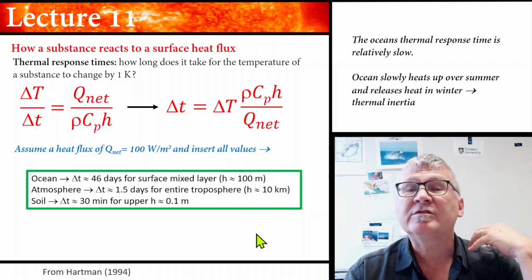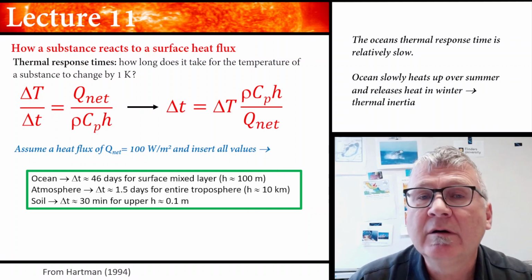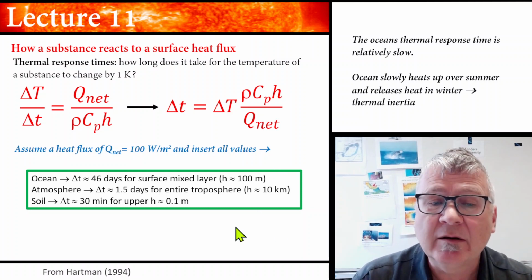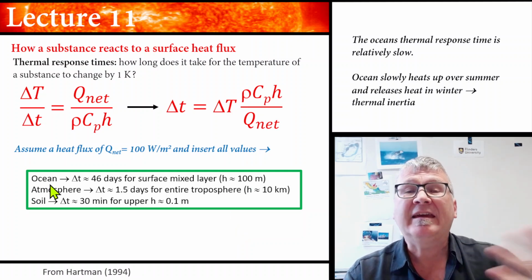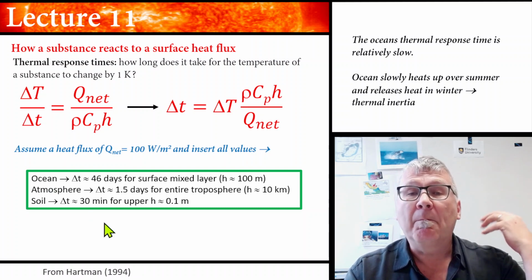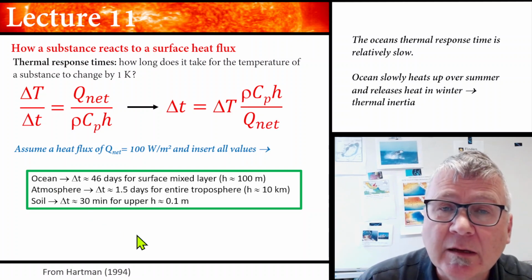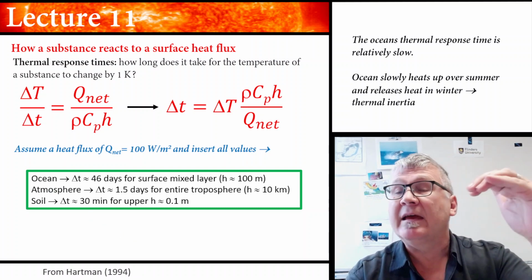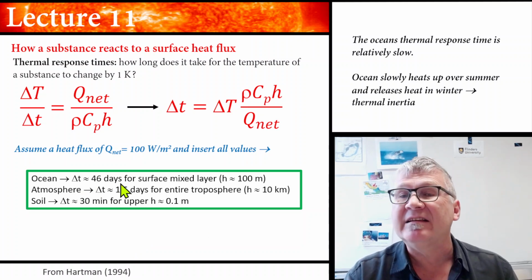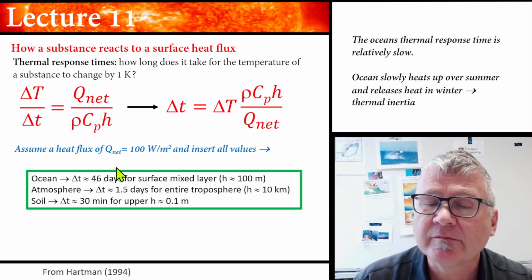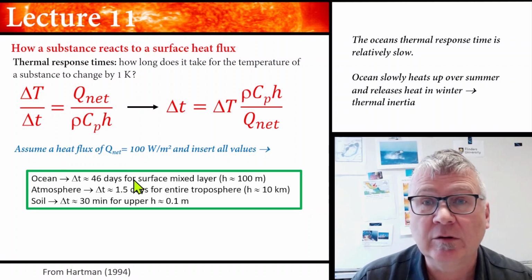You have a heat flux of 100 watts per square meter, and for the ocean, for seawater to heat up by 1 degree, for a mixed layer which is 100 meters deep, it will take 46 days, so it's 1.5 months. And that is a long time.